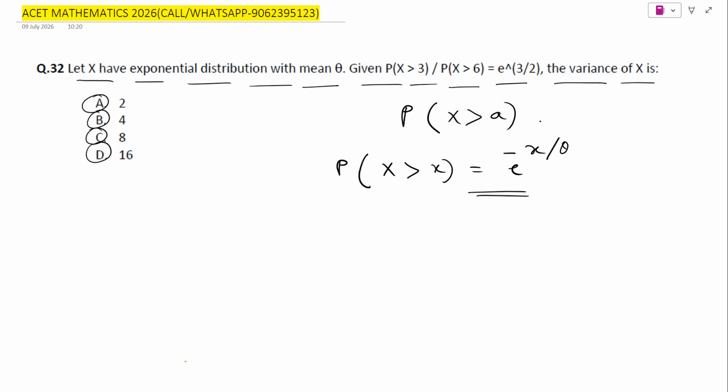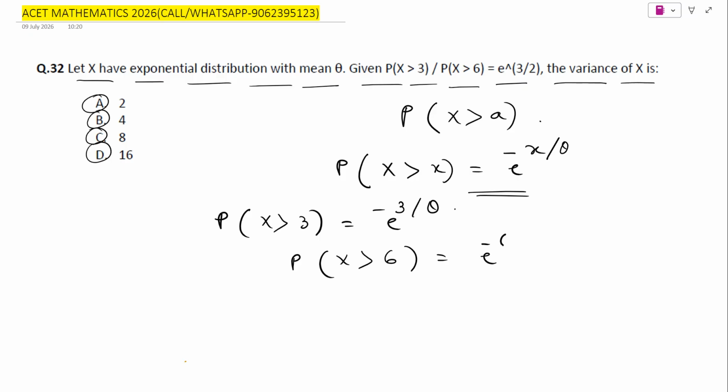Using the survival function, similarly, now substitute this into the given ratio.